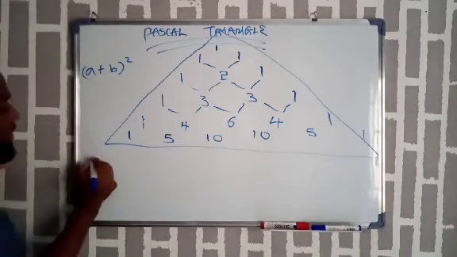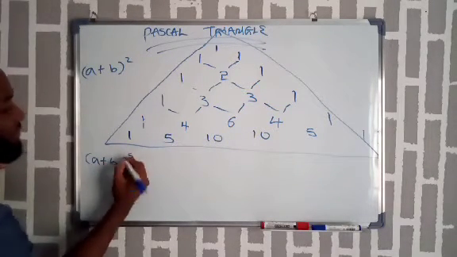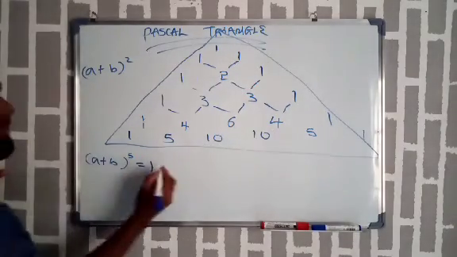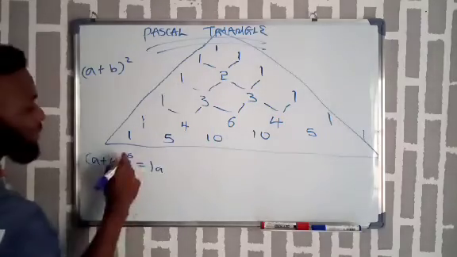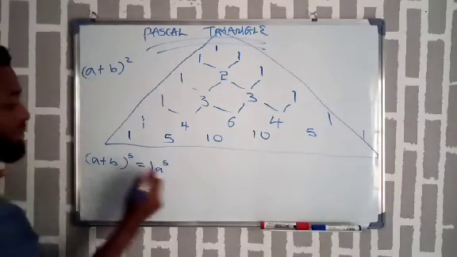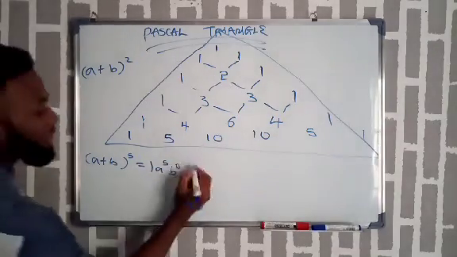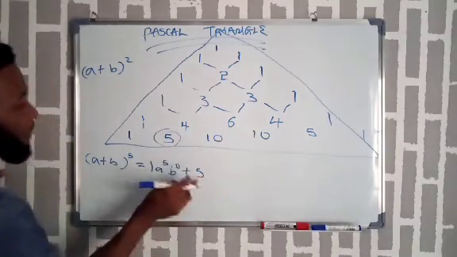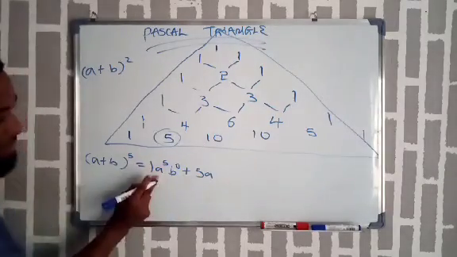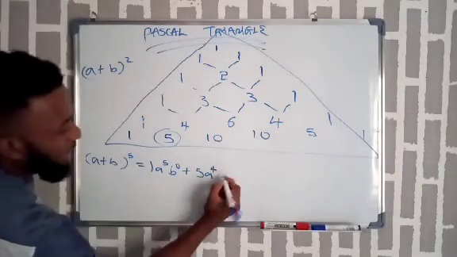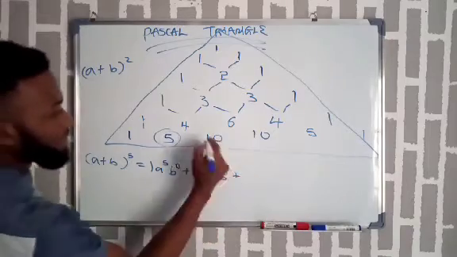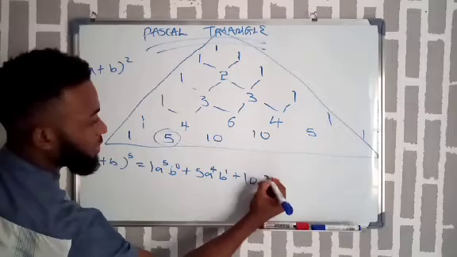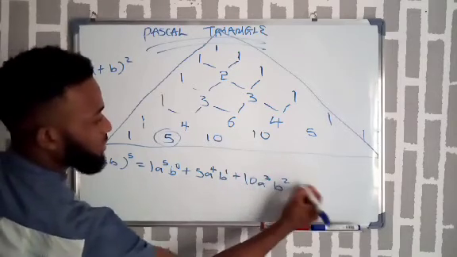So if you're given (a + b) raised to power 5, you don't need to work it out. You just put 1, the first coefficient, then you write a, which carries the power 5, and b starts from 0, so it becomes b raised to power 0. Then you write plus, then the next coefficient 5, then a reduces to power 4 and b increases to power 1. Then you write 10, a reduces to 3, b goes up to 2.